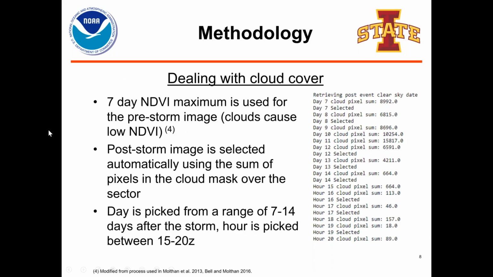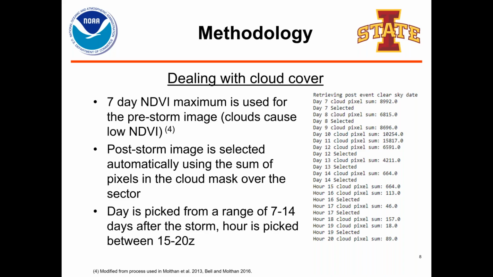I want to go into more detail here about the process of what the program is actually doing when you're running any of these cases. For the pre-storm image that I was talking about earlier, we use a 7-day NDVI maximum.